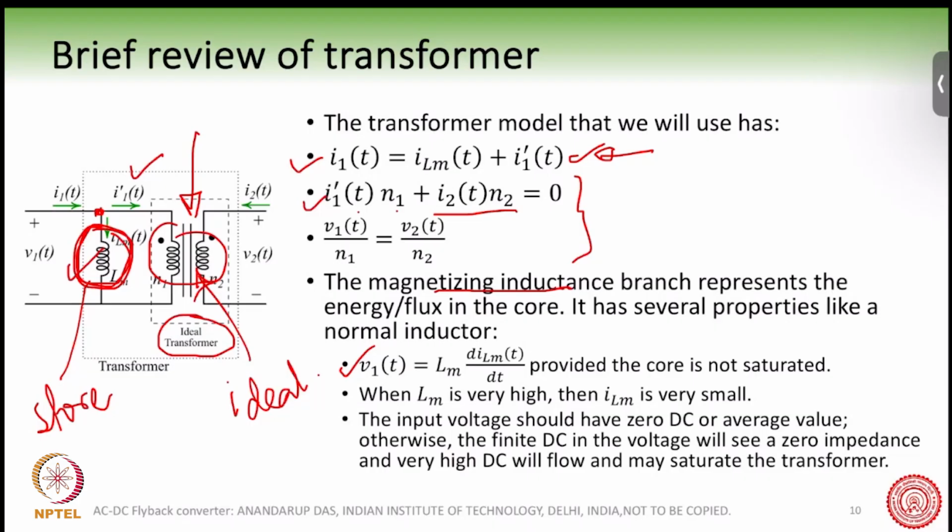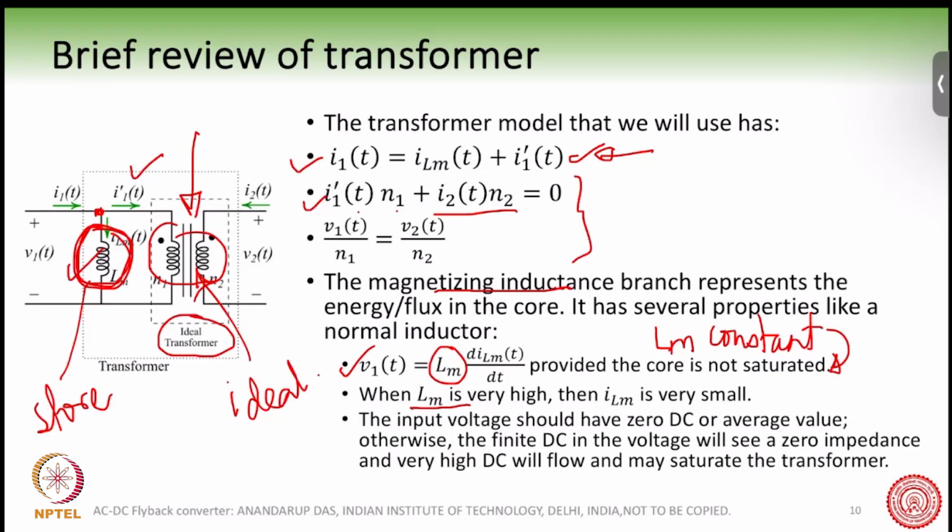Of course, here the value of Lm is constant, because the core is not saturated. We will not saturate the core, so we will assume that Lm is constant. We can also understand that if Lm is high, then the current flowing, ILM, will be low.